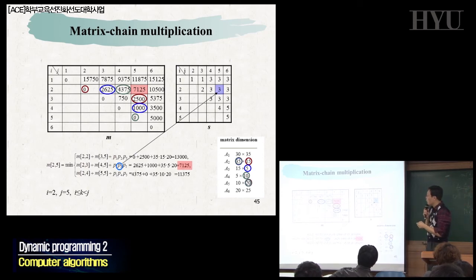To trace back, we have to store that this case is the minimum of these 3 cases. That is, K is stored here. The minimum K, 3, is stored here. That's this. So similarly, we can compute all the other values.